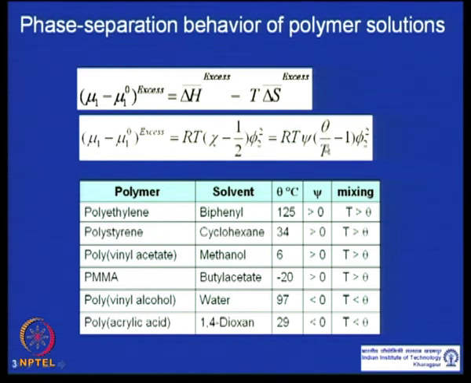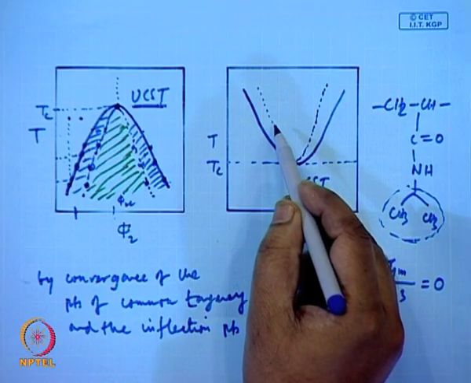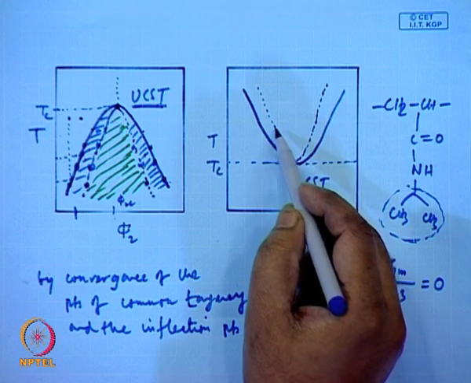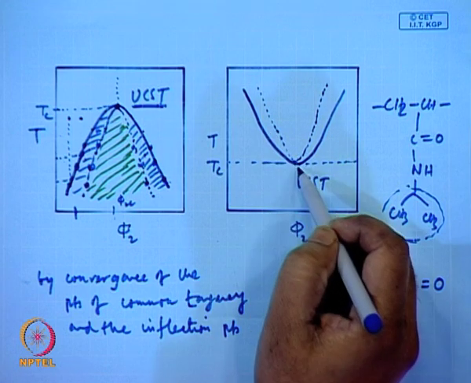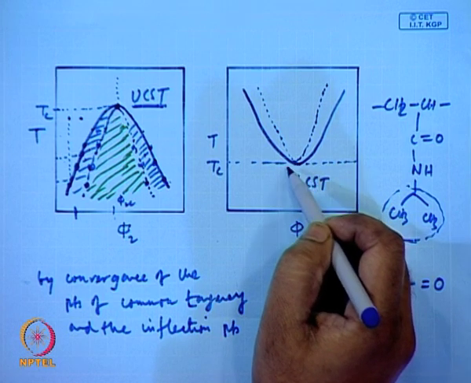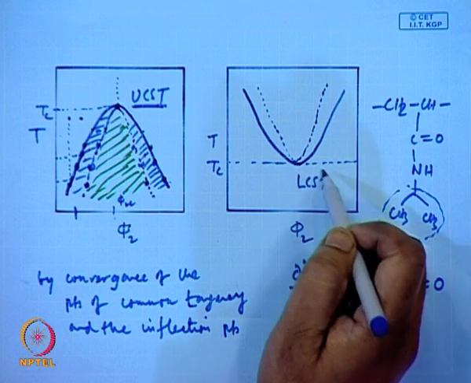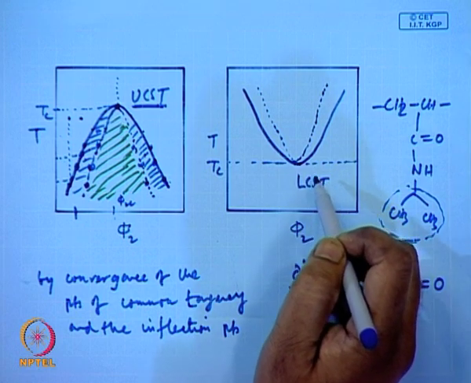Unless you have the temperature lower than theta, you will not get the solution. As you go down in temperature, you go from an insoluble system to a soluble system, and the particular temperature when that happens for all compositions, we call that temperature the LCST.